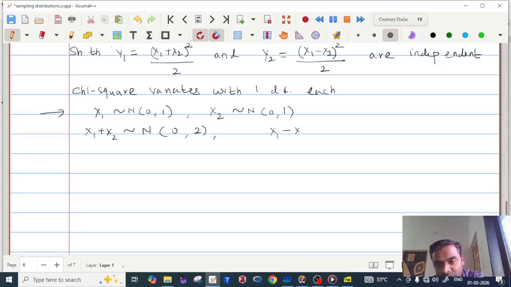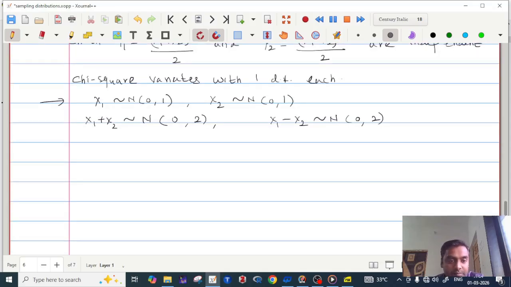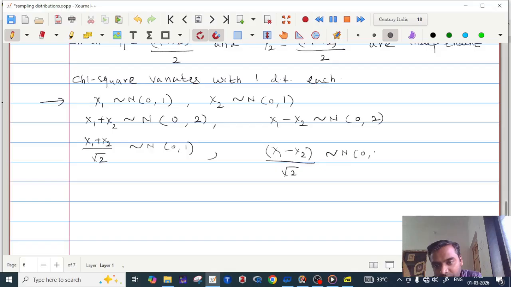And X1 minus X2 will be normal mu1 minus mu2, that is 0, and sigma1 square plus sigma2 square. Now standardize this: (X1 plus X2 minus 0) divided by root 2 follows normal 0, 1, and X1 minus X2 minus its expectation 0 divided by standard deviation root 2 also follows normal 0, 1.